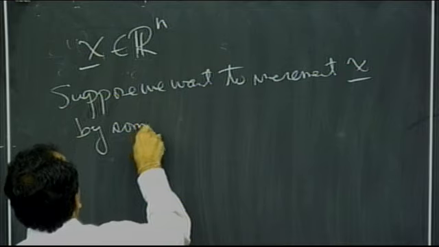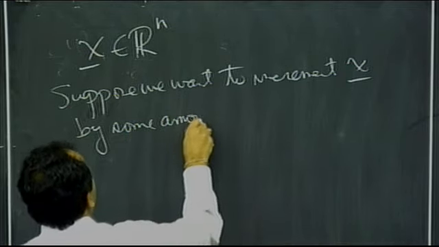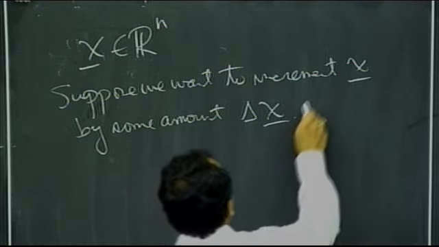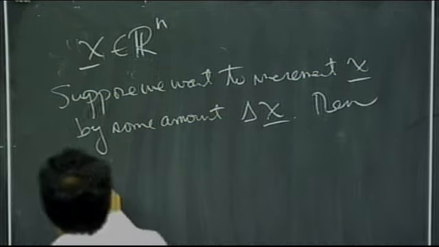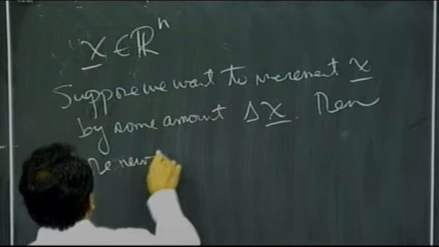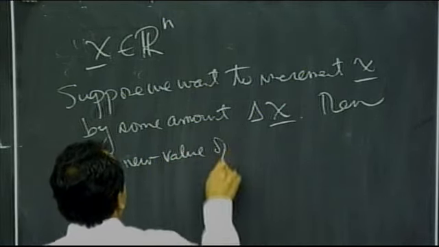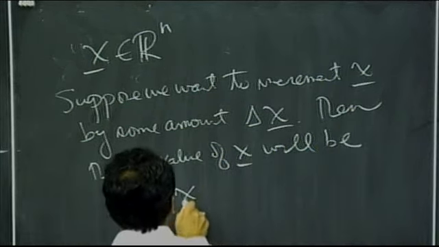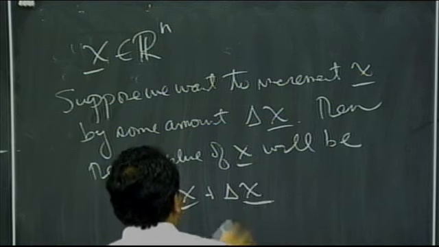Let's call that amount delta x. Then the new value of x will be x plus delta x.